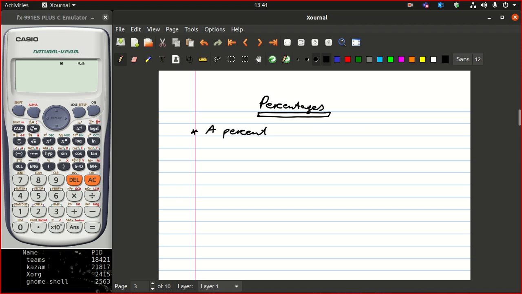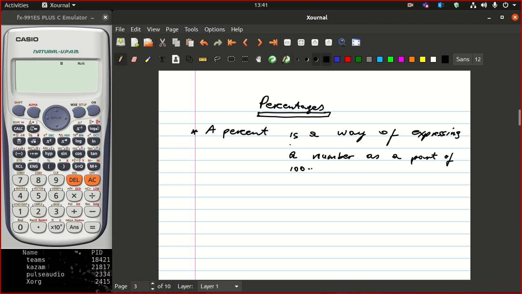A percent is a way of expressing a number as a part of 100. That is a percent.